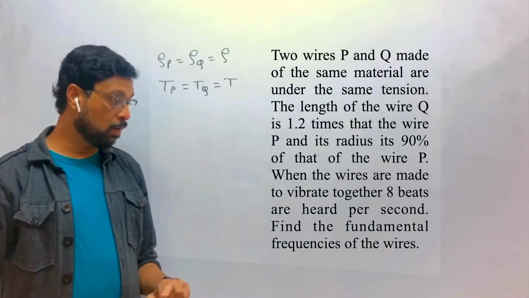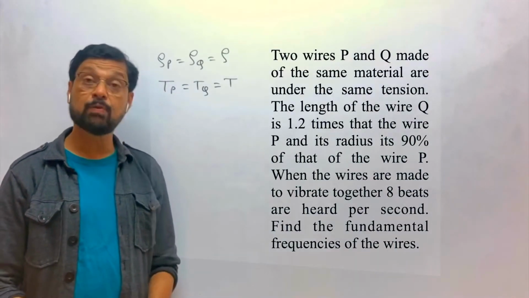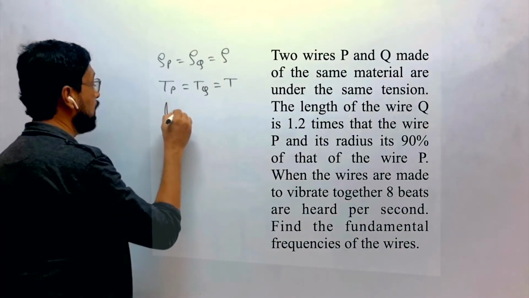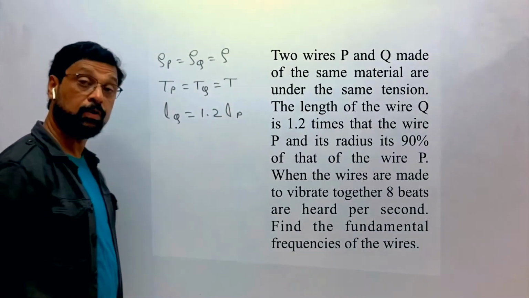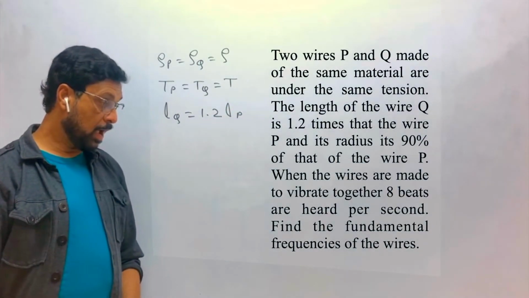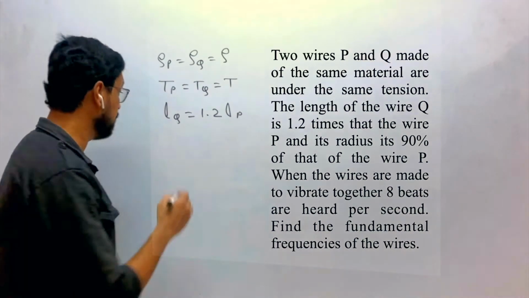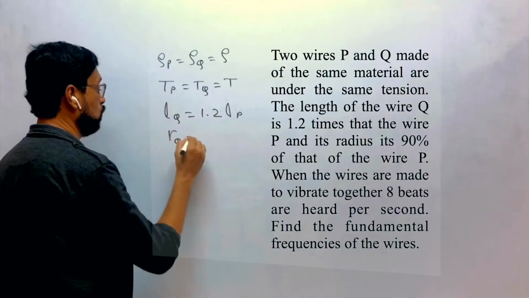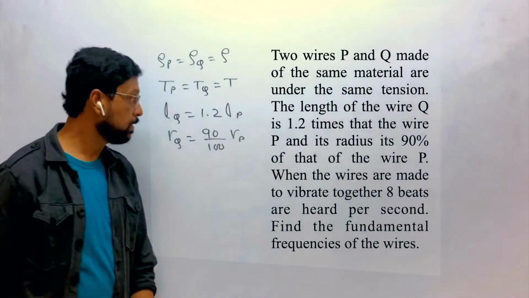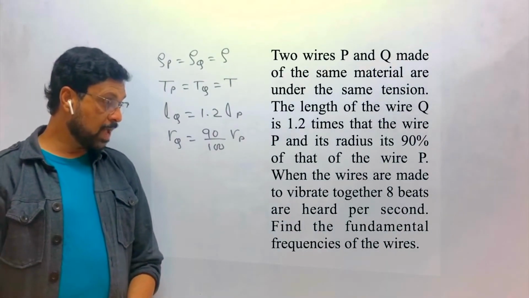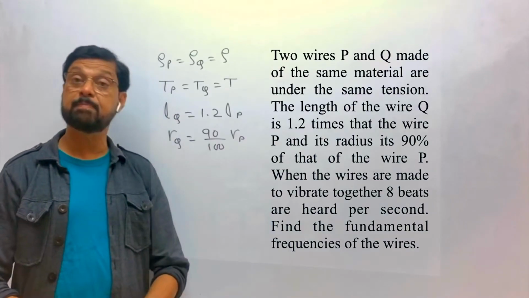The length of wire Q is 1.2 times that of wire P. Length of Q is 1.2 times length of P, and its radius is 90% of P. Radius of Q is 90% of radius of P. When the wires are made to vibrate together, 8 beats are heard per second.